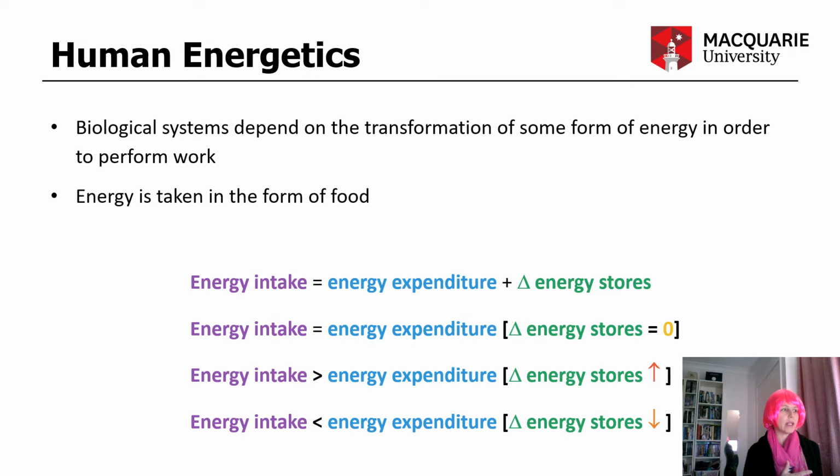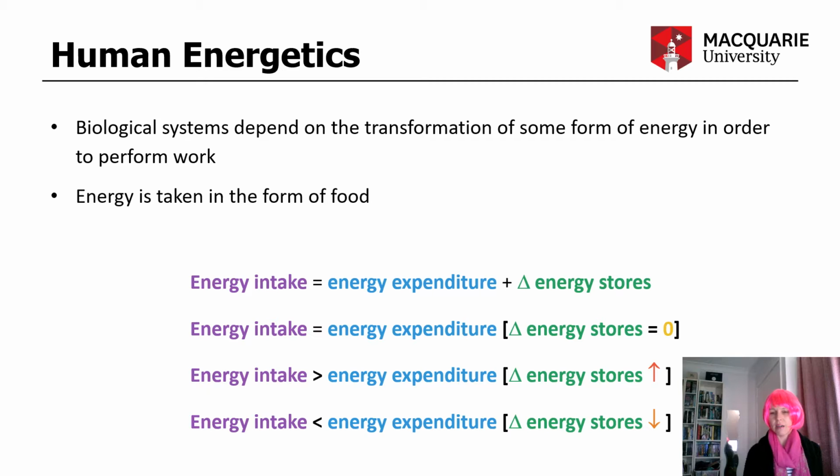So we can talk about it in simple terms: energy in, which is how much you eat and the food that goes in, equals how much you expend, so your daily energy output, plus how much those energy stores change.